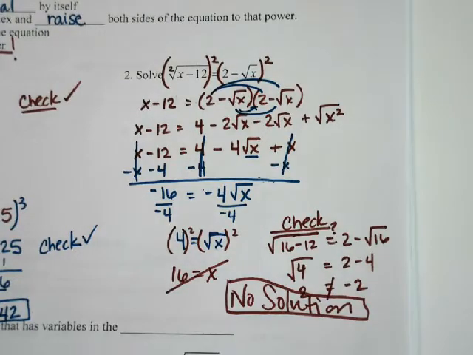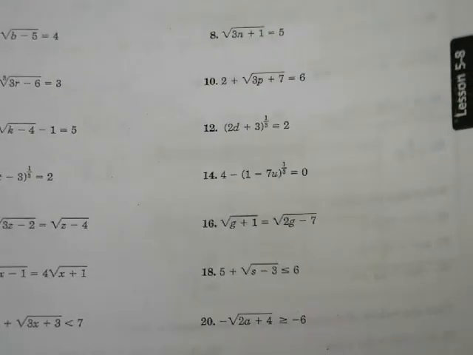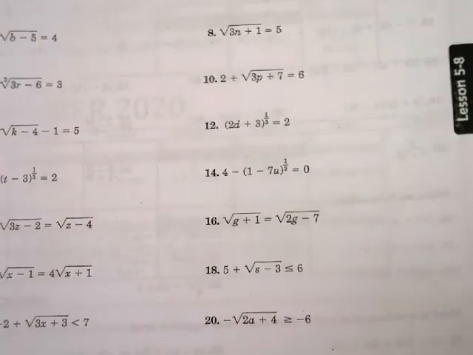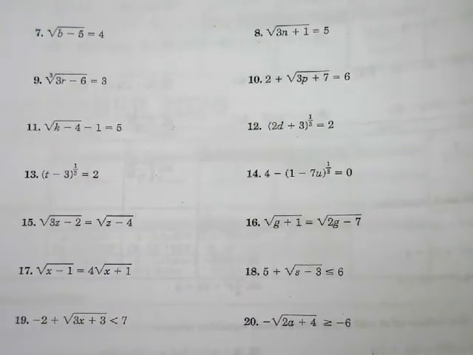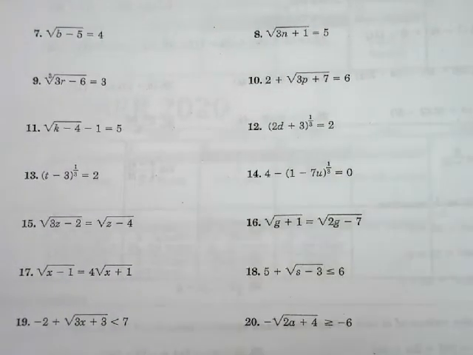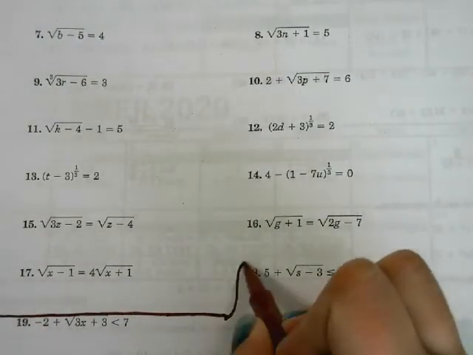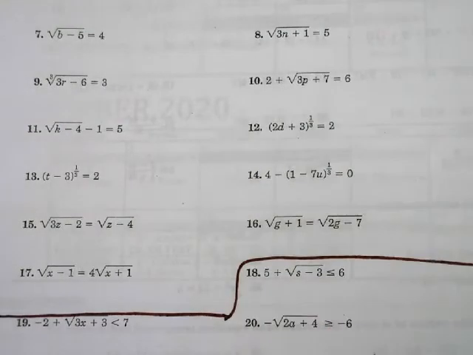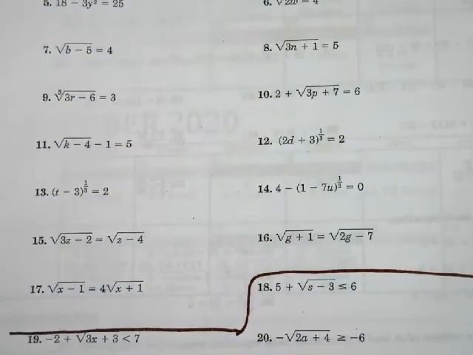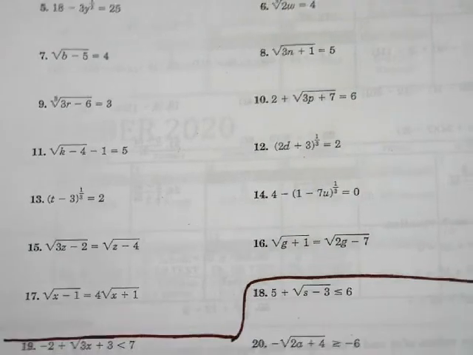Okay, let's look at your worksheets. I want to look at a couple on your worksheet, and then we'll talk about inequalities because they're a little bit different. Not a whole lot, but just a little bit. One through 17 are all equals.